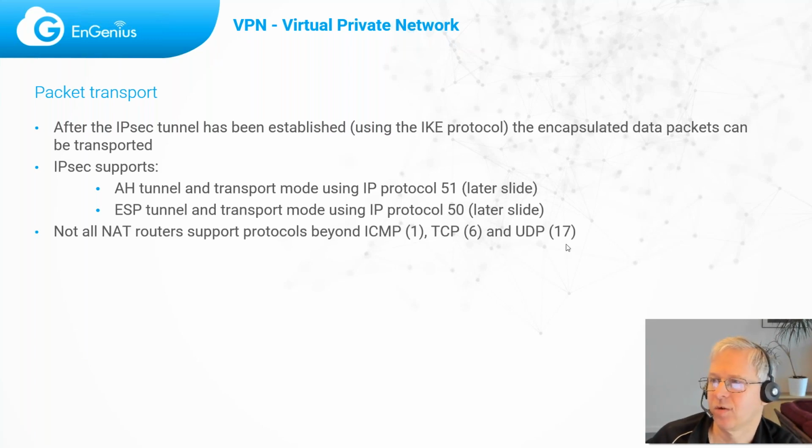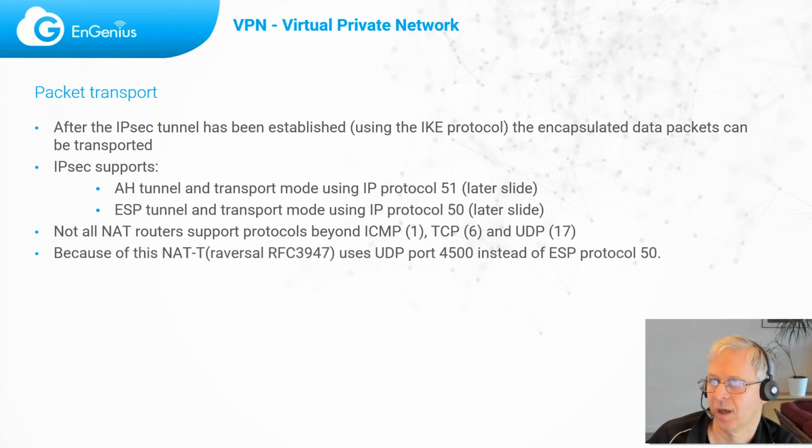One of the problems that we have with these being protocols is that not all the NAT routers support more protocols than ICMP, TCP, and UDP. So if they see something like protocol 51, protocol 50, protocol 47, whatever, they will just drop it.